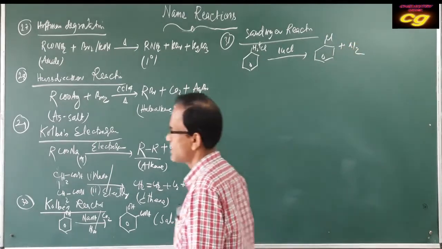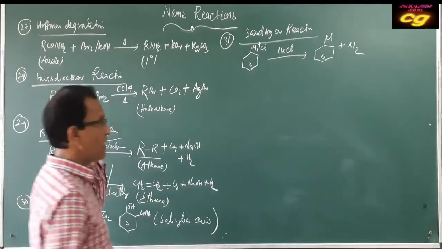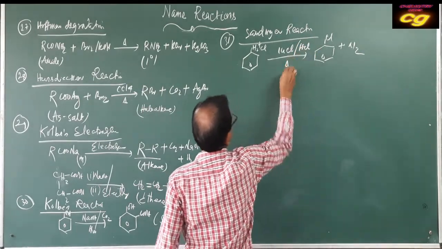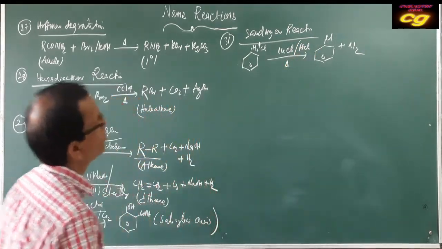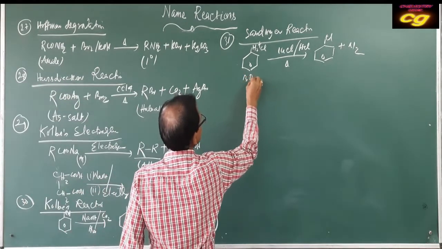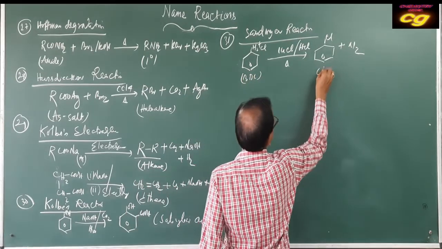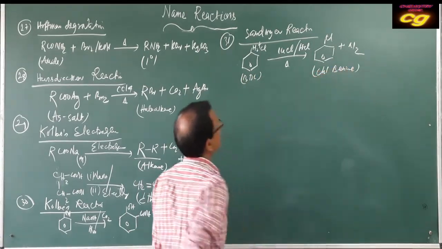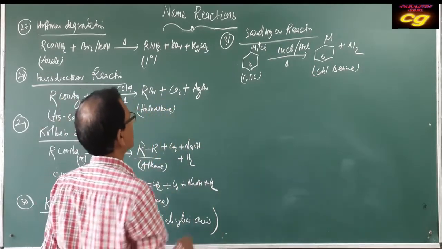This is called Sandmeyer reaction. Treated with copper chloride and HCl and heating, it produces chlorobenzene. This is benzene diazonium chloride and chlorobenzene. Okay, this is about Sandmeyer reaction.